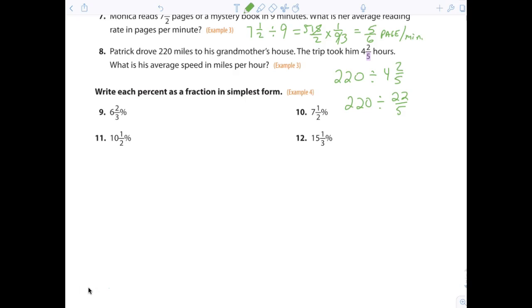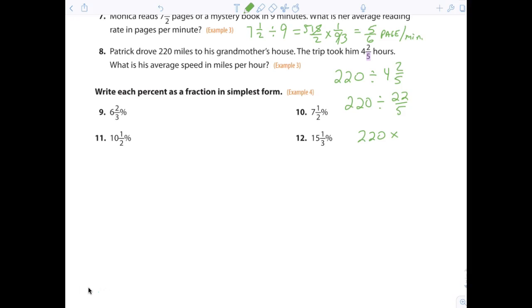All right? Now, tell me what to do. Wait. Never mind. I'm asking you to change division to what? Oh, multiplication. And then do the what? Multiplication.